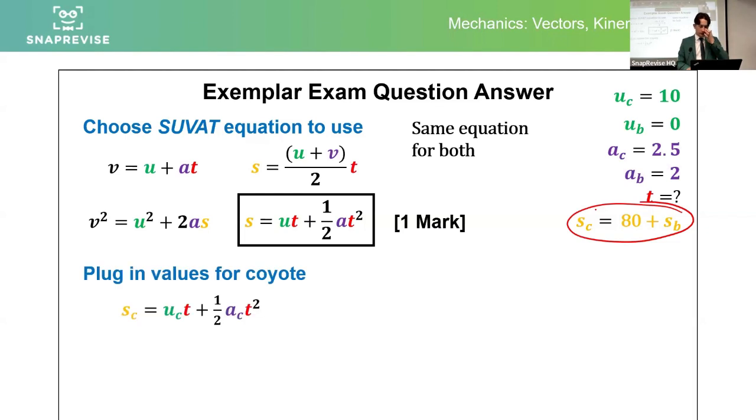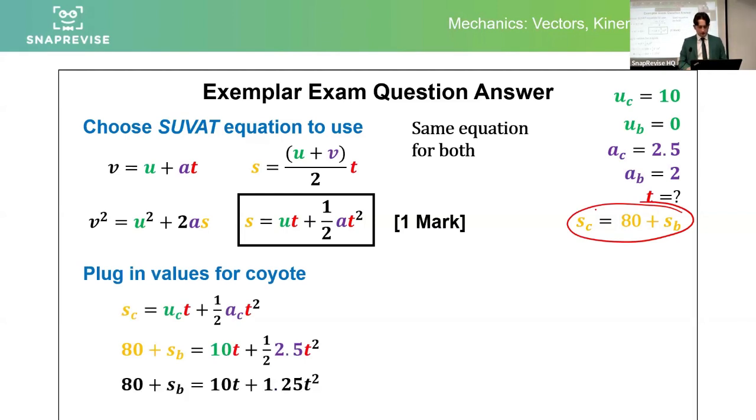So for the coyote, the displacement is the initial velocity times time plus half the acceleration times time squared. And that's the equation we form. Now, just pause there and check we're okay. We're about to do the exact same thing, but for the bird.